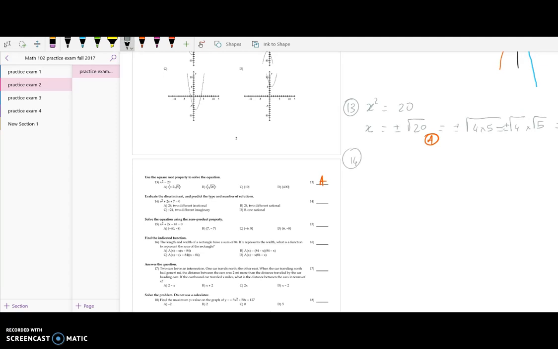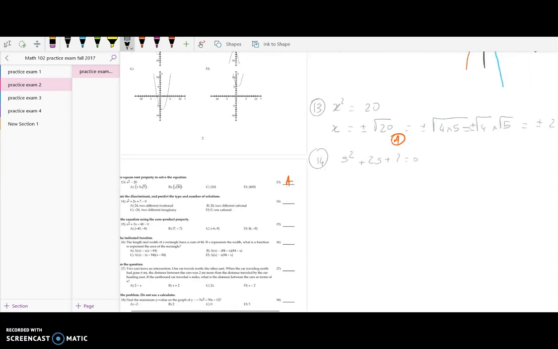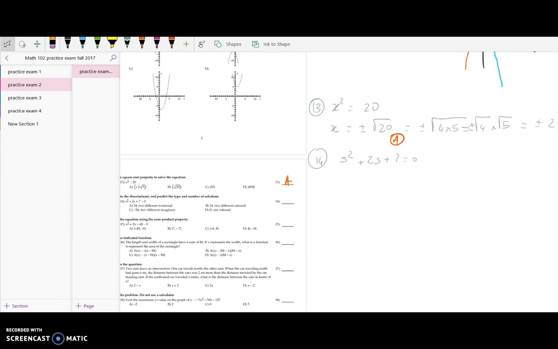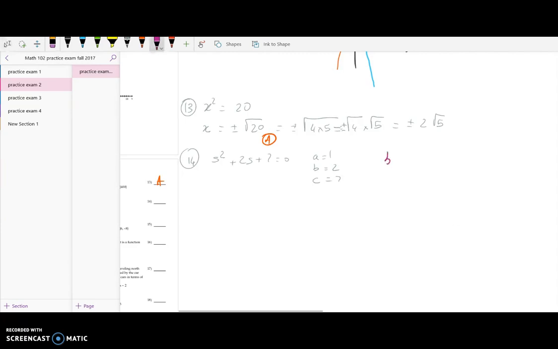Number 14, we're having evaluate a discriminant. We're having the quadratic equation s squared plus 2s plus 7 equals 0. And we have A equal 1, B equal 2, and C equals 7. What is the discriminant? Well, the discriminant by definition is B squared minus 4 times AC, and depending on the sign of the discriminant, we will have different solutions.